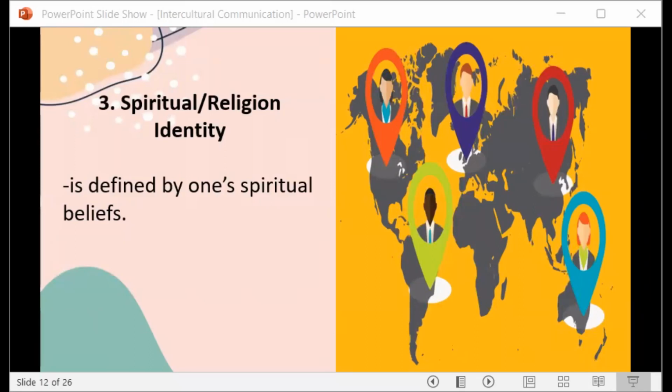So whatever religion we are in and whatever we believe in, we must still respect each other. Each religion also has different ways of living and different things they believe in. Okay. So that is the third identity.